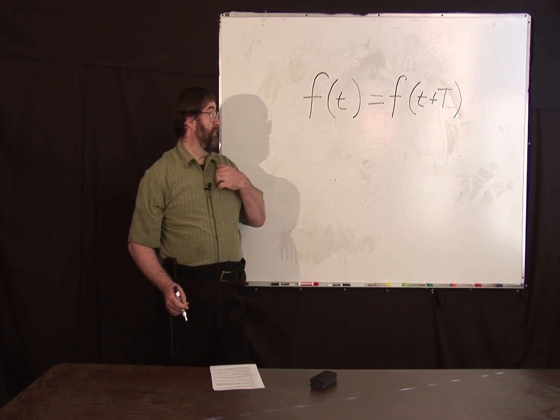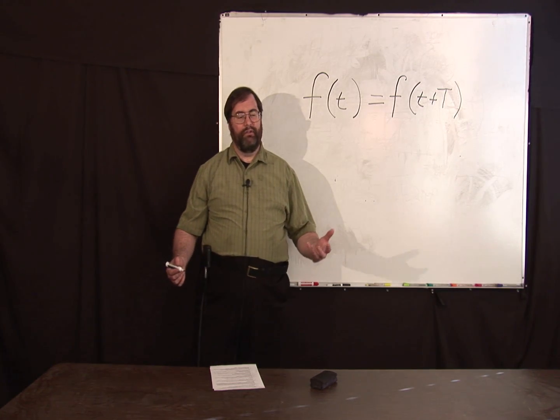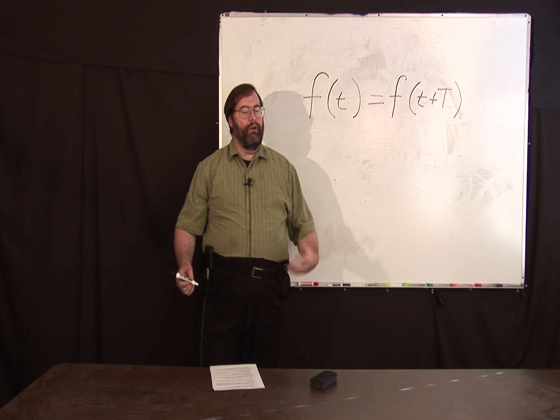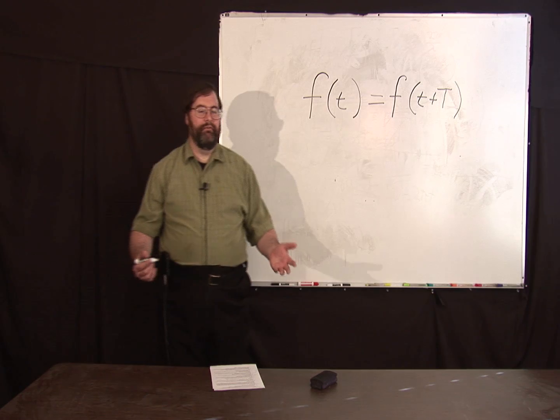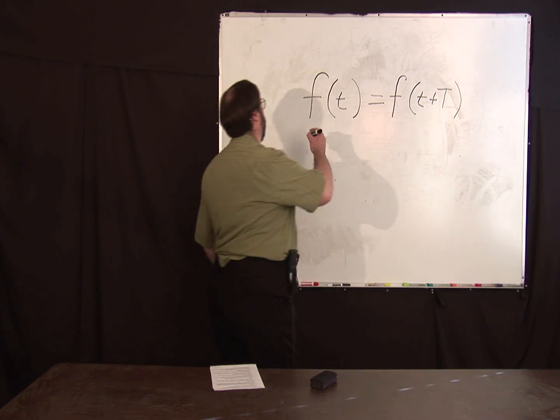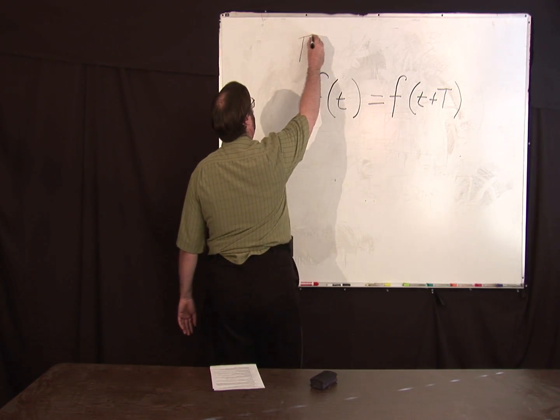Now, you might ask yourself, if you define such a function, what if you want a function with the same shape, but with a different period, let's say T0. You wanted something with a period T0.